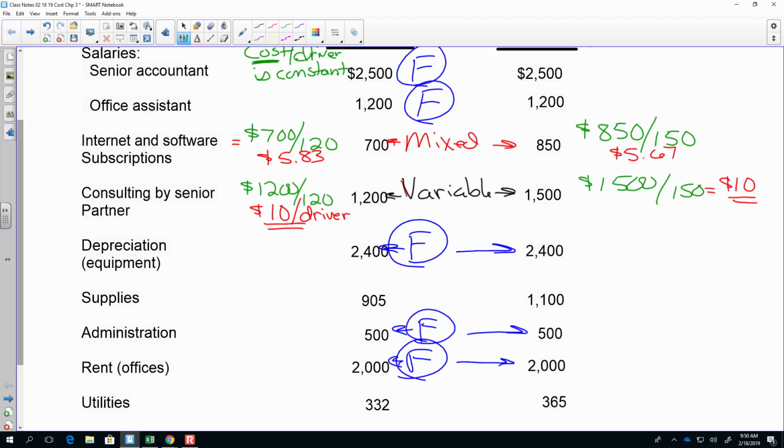I need to know how each cost behaves in order to forecast it for our planning process for next year. Why am I doing this planning process? Why do so many small companies not do it? They can't afford to, they don't have the time to, right? They don't understand cost behavior. So, why am I doing it? Why is it important that we do it?